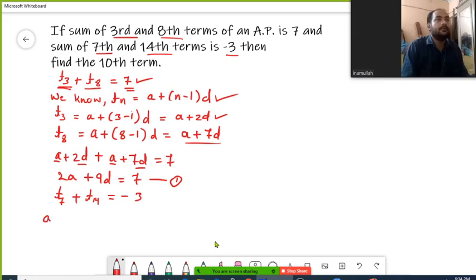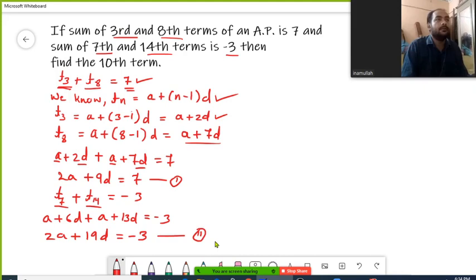So T7, that is A plus 6D, plus T14, A plus 13D. Together they will give you minus 3. So A plus A, 2A, plus 13 plus 6, 19D is equals to minus 3. This is my equation number 2.